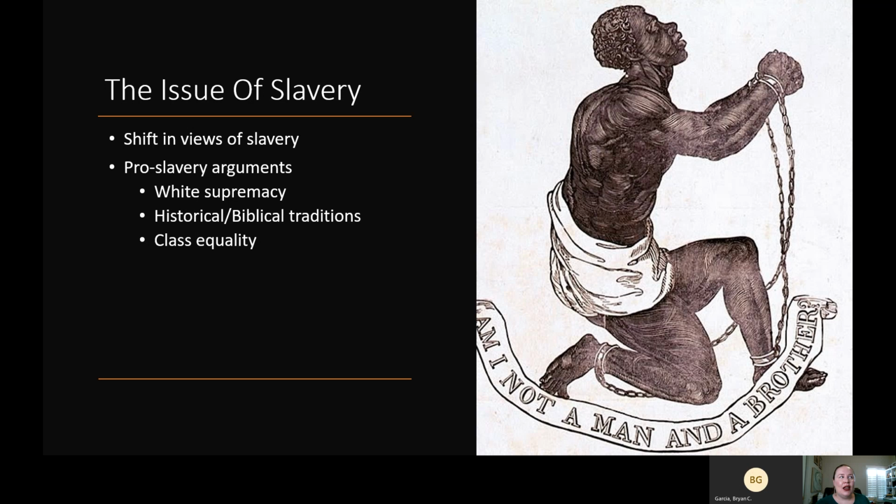Another argument is pointing to the existence of slavery both throughout history and even in the Bible. And it's true, there's a very long tradition of slavery in world history. There are passages in the Bible that discuss slavery and servants, but the American version of slavery was very different than other kinds of slavery.